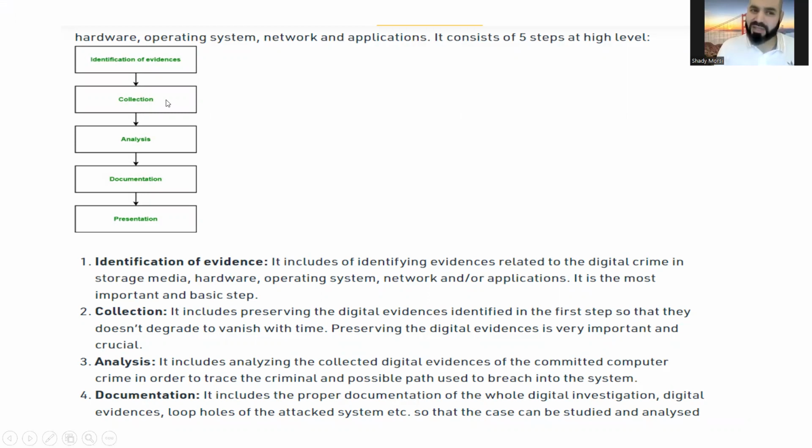Collection of the evidence means I will have tools to collect the data from the original device. I will not use the original device or any original data in my analysis, so I need to take a copy. There are many applications to collect and gather information from devices, and I will explain them later on.